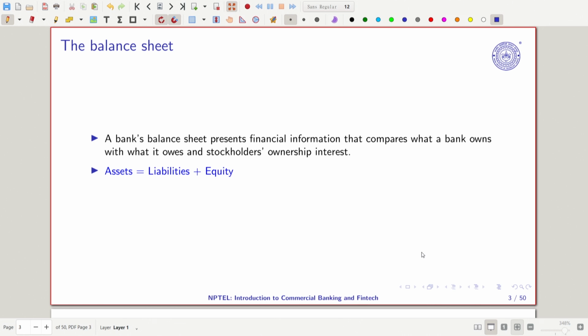What does it cover? Basically, here you have the income statement, where we mention the profit and loss. In the balance sheet, whether you cover financial or non-financial companies, you can consider assets and liabilities.